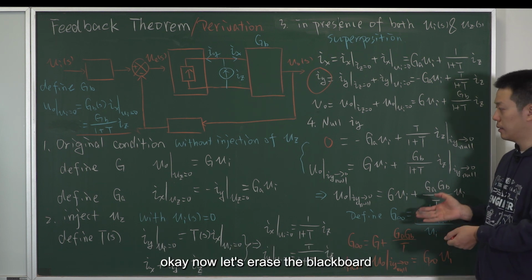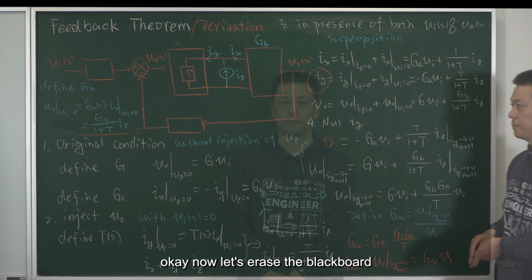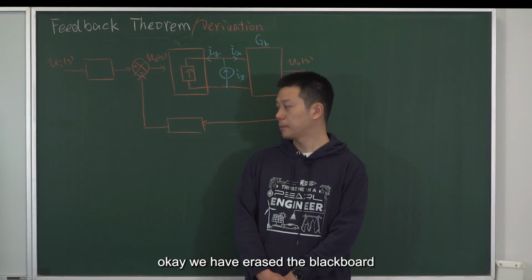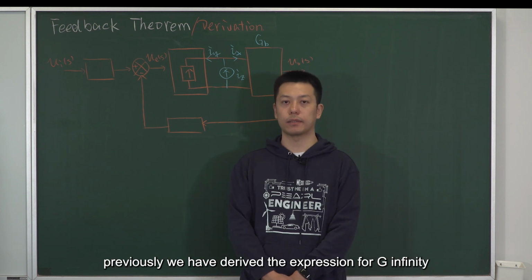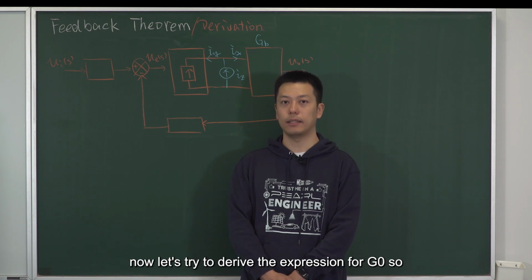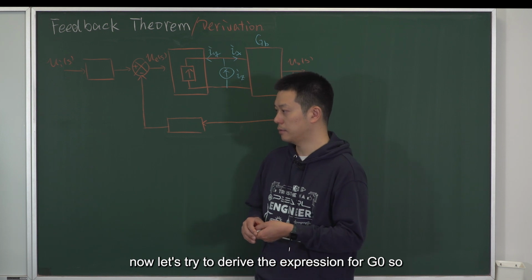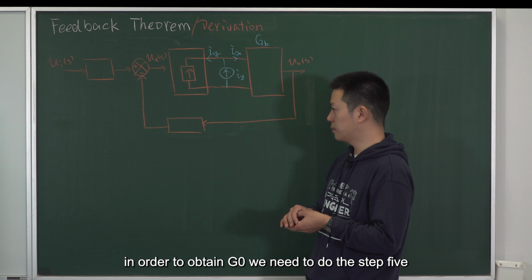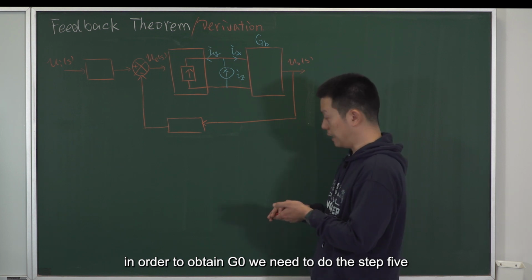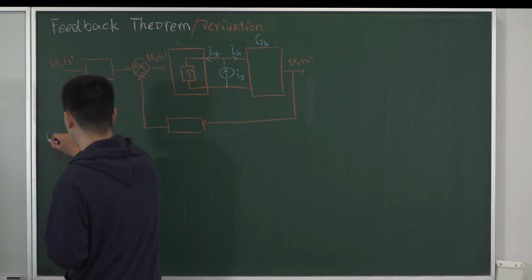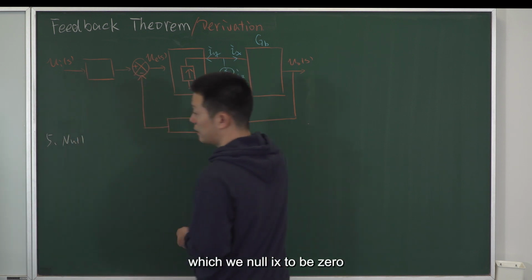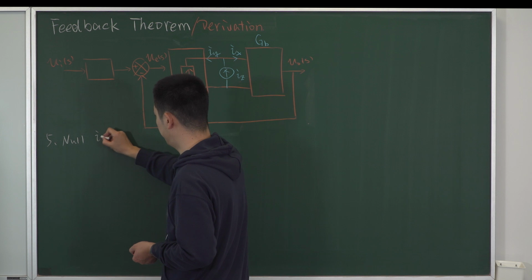Okay, now let's erase the blackboard. Okay, we have erased the blackboard. Previously, we have derived the expression for G infinity. Now let's try to derive the expression for G0. So in order to obtain G0, we need to do the step 5, which we know the Ix to be 0.